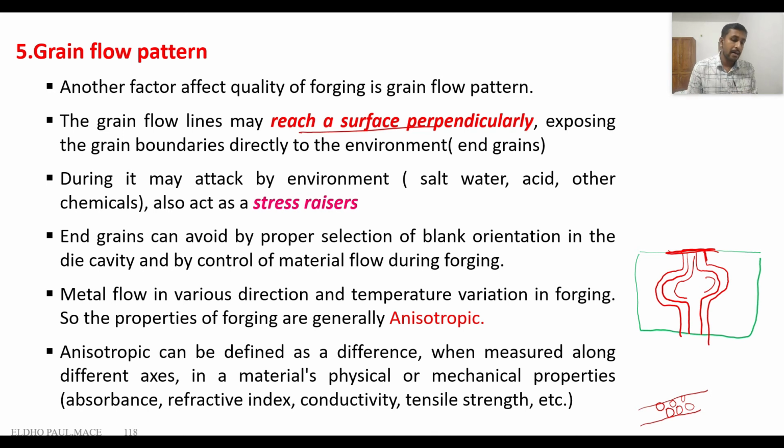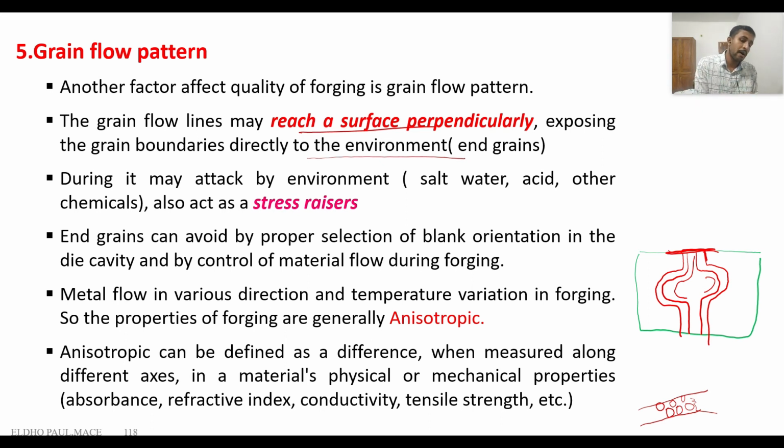So these atoms may react with different gases, water, acids, etc. in the atmosphere, and may cause defects in the surface. So this type of grain flow pattern may affect the surface by the reaction of the grain boundary with the atmospheric constituents.